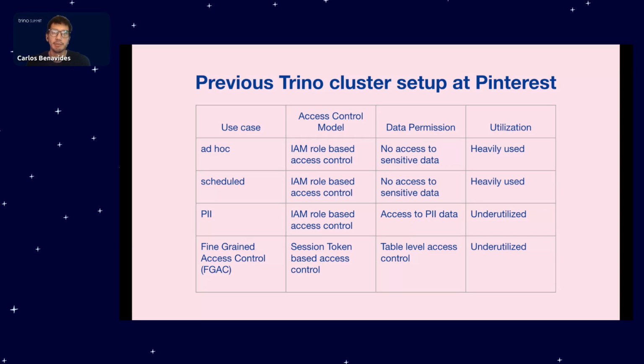So we started to shift away from the IAM role-based access control in favor of fine-grained access control, which offers the ability, instead of using an IAM role for access levels, to use session token access control, which provides finer-grained access control, where we can restrict access to certain data sets using the end user's authorization or access, instead of using the cluster's IAM role. With that in mind, we decided to merge our PII use case with our FGAC cluster use case, which will then raise the utilization of our FGAC cluster.